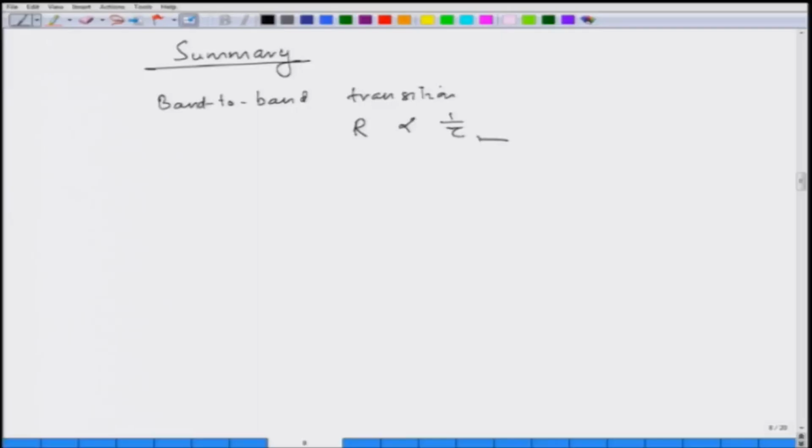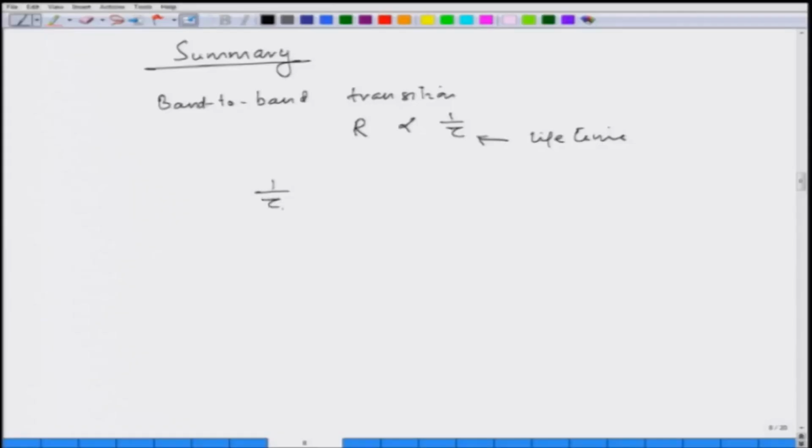Now, this tau is the lifetime for the band to band transition, and we have discussed what effect this tau will have in terms of recombination rates. So, if you have more than one band to band process, you are going to lose some light. Then 1 over tau effective for band to band transition would include maybe a radiative transition, and maybe some non-radiative transition.